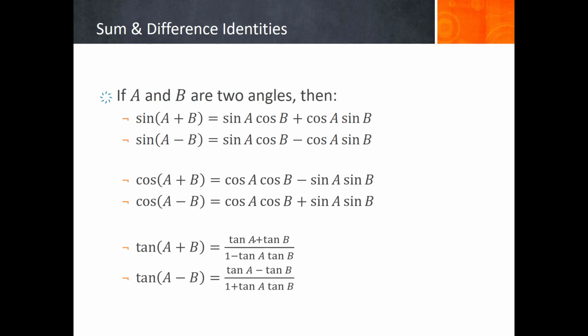So if the top's positive, the bottom's negative. If the top's negative, the bottom's positive. And it's always a 1 sitting out front. So these are the 6 sum and difference identities. And again, you don't have to have them memorized, but you do need to be familiar enough with them so that when you see them, you'll know to use them. And you can use them in either direction.